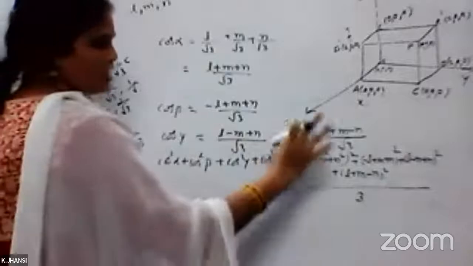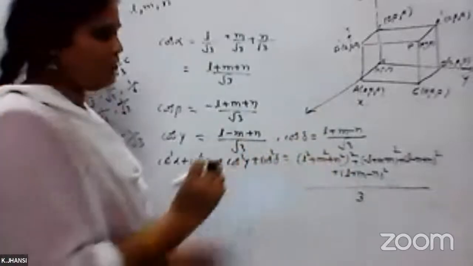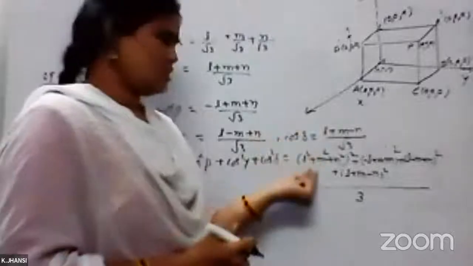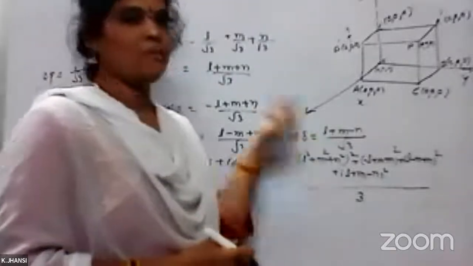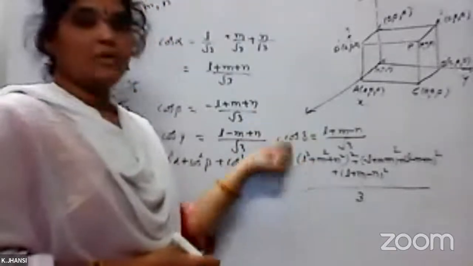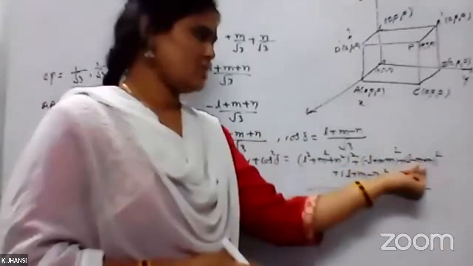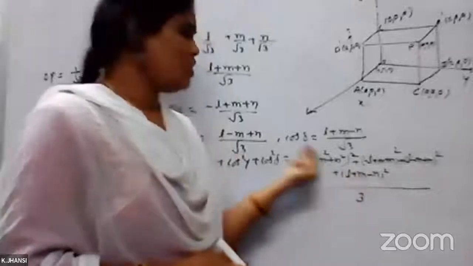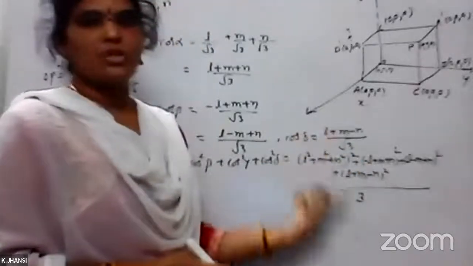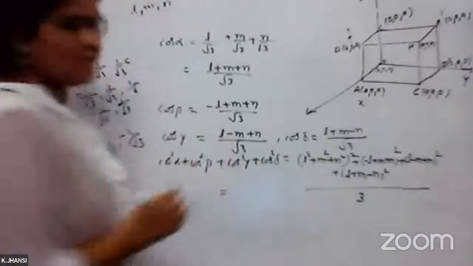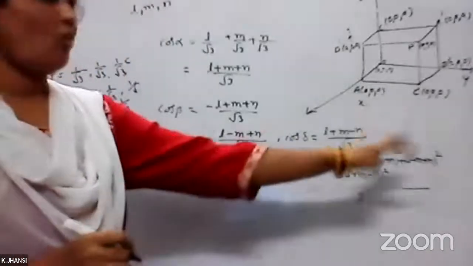So when you expand this, they are in the form of A plus B plus C whole square. Okay. So you will get A square plus B square plus C square plus AB, BC, CA terms. Here one has negative values, here also negative values, here also. So almost all those values will get cancelled. Only L square plus M square plus N square will be left in each of the 4.